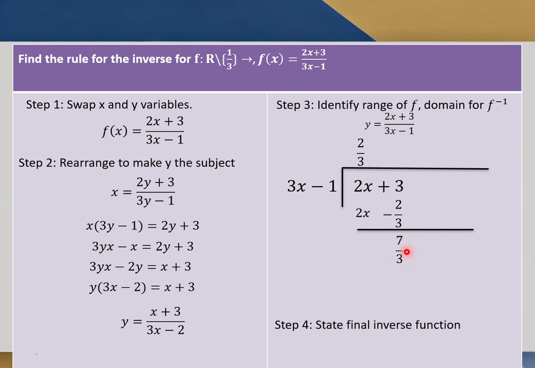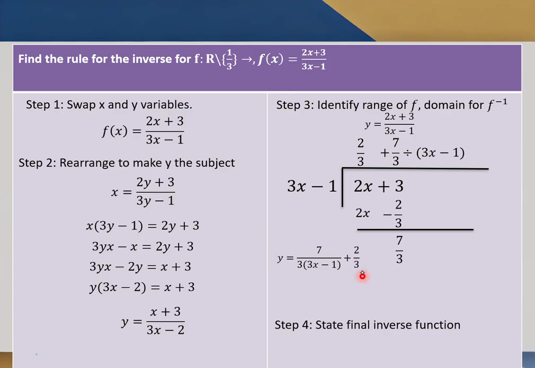This 7/3 still needs to be divided by 3x minus 1. We can do this as keep, change, flip, and that means 3x minus 1 will sit nicely next to the 3 here. So this gives us our new rule of y equals 7/3 over 3x minus 1 plus 2/3.